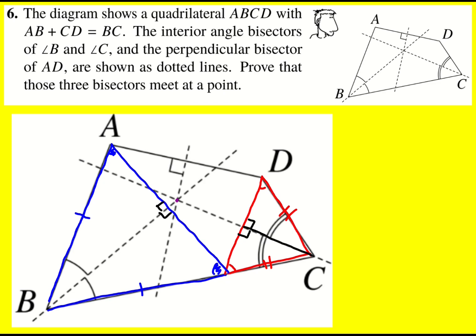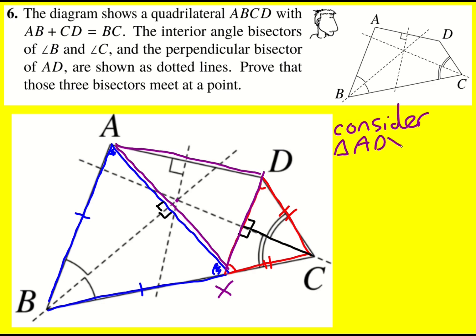And this brings in an idea, and you have to kind of spot it, but we actually have to focus now on this triangle here. So consider triangle A, D, I'm going to call this point X. So ADX.